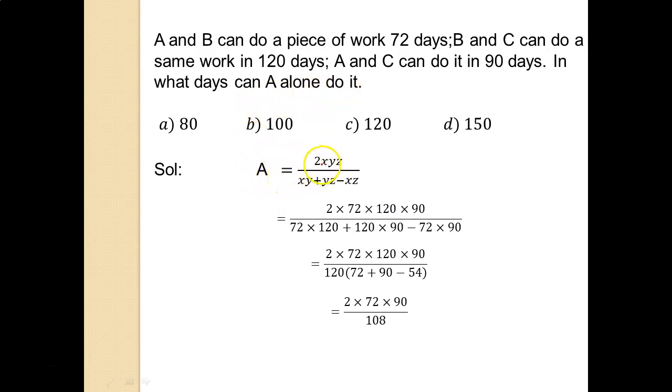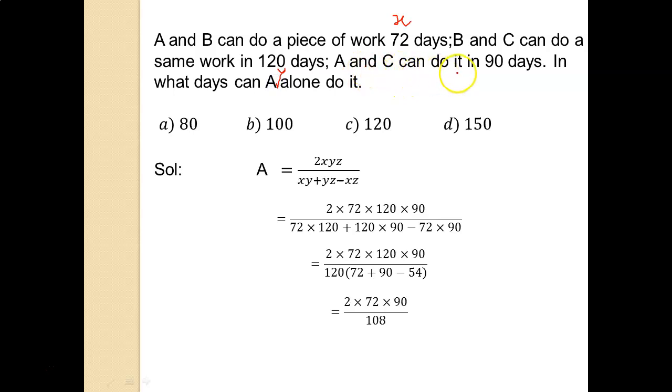So A is equal to 2xyz upon xy plus yz minus xz. So what is minus xz? A and B can do it in 72 days, consider this x. Then B and C can do the same work in 120 days, so that means y.